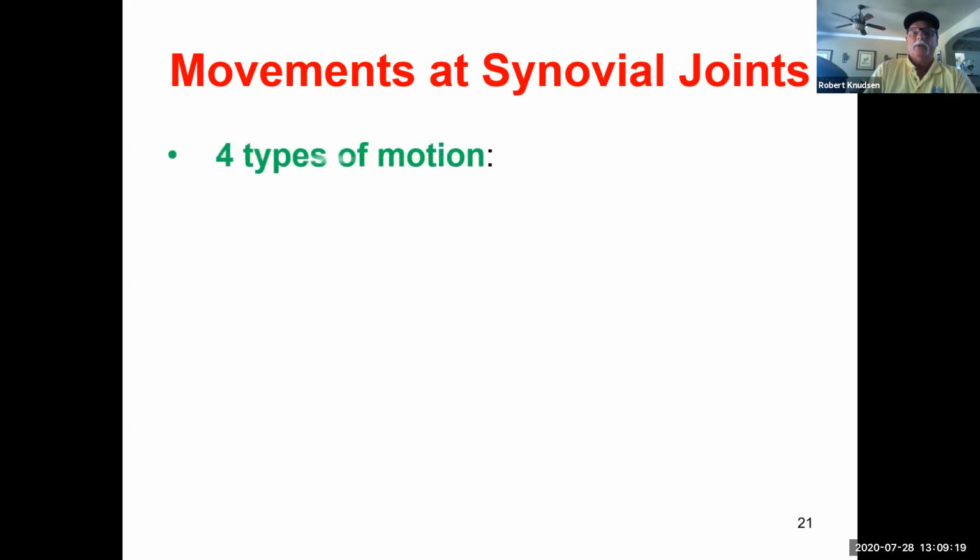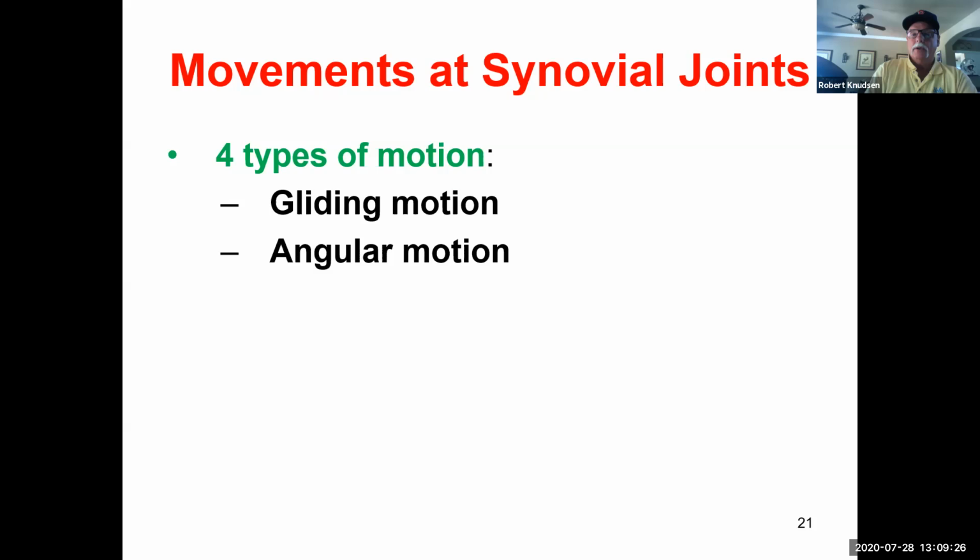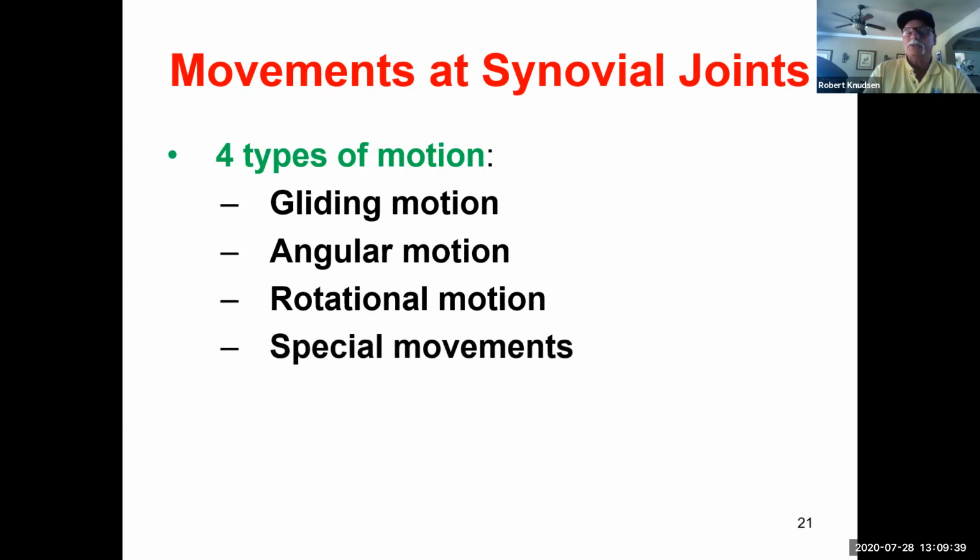Now here's the third one of synovial. 4 types: gliding, angular, rotation, and special. Those are the oddball ones, mostly the thumb. Okay, special movements. So now let's review this because you're putting this in a flow chart.